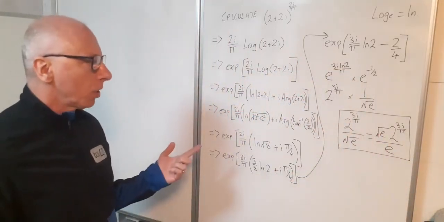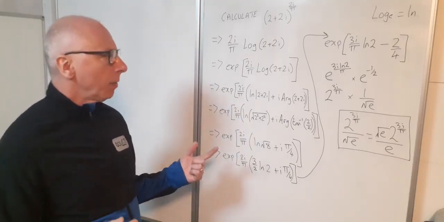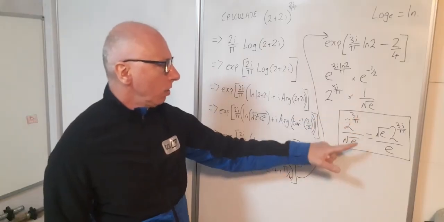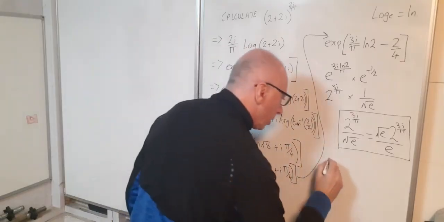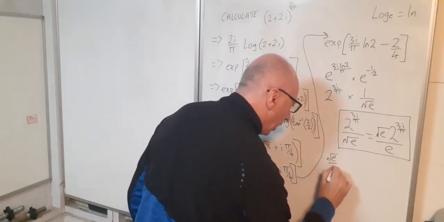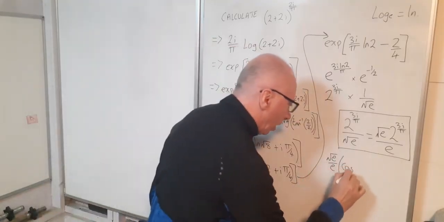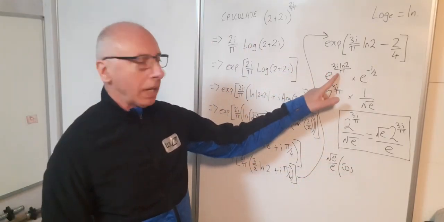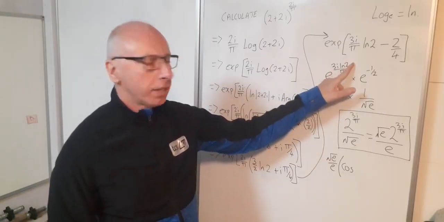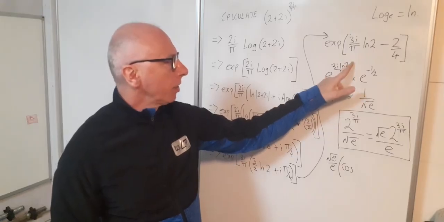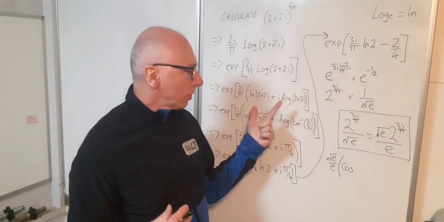But what I could do now, I could also represent that in terms of cosine and sine. So now what I've got is 1 over root e, or root e over e. So that would be my radius of this. So I've got root e over e. And then in terms of my cosine and sine, I'll have cosine of, if I go back to this bit, 3i ln 2 over pi, so I could bring the 3 into there, so that'd be ln of 2 to the power of 3, so that's log of 8 over pi, and the i, that gives me my actual angle.